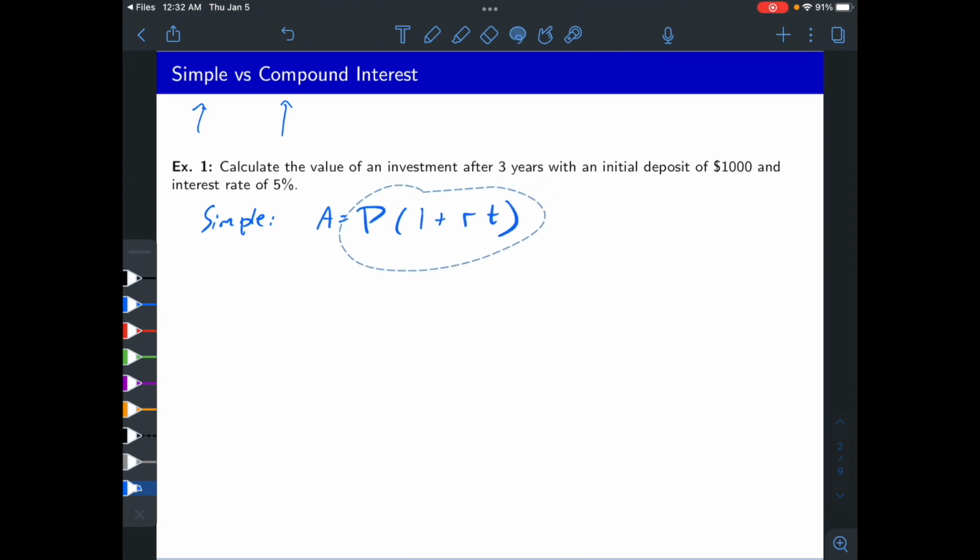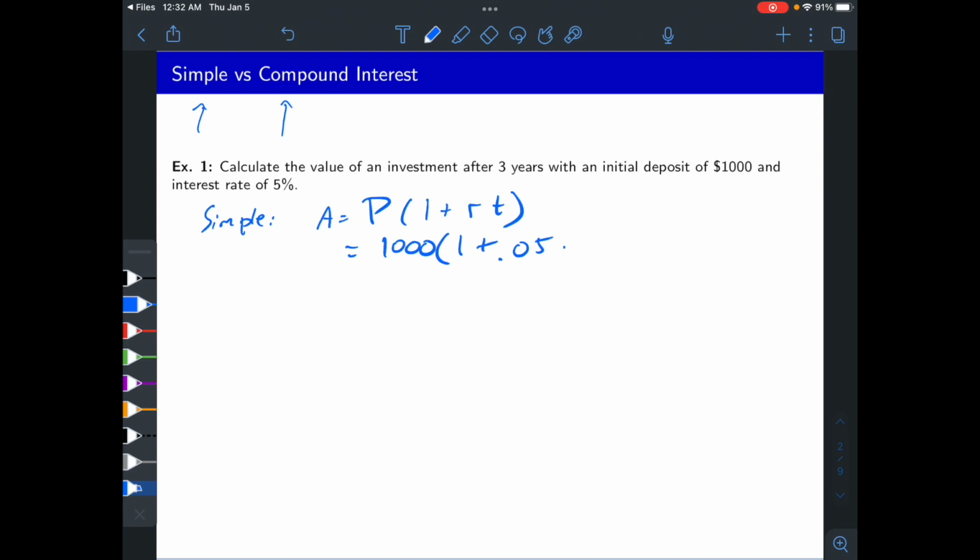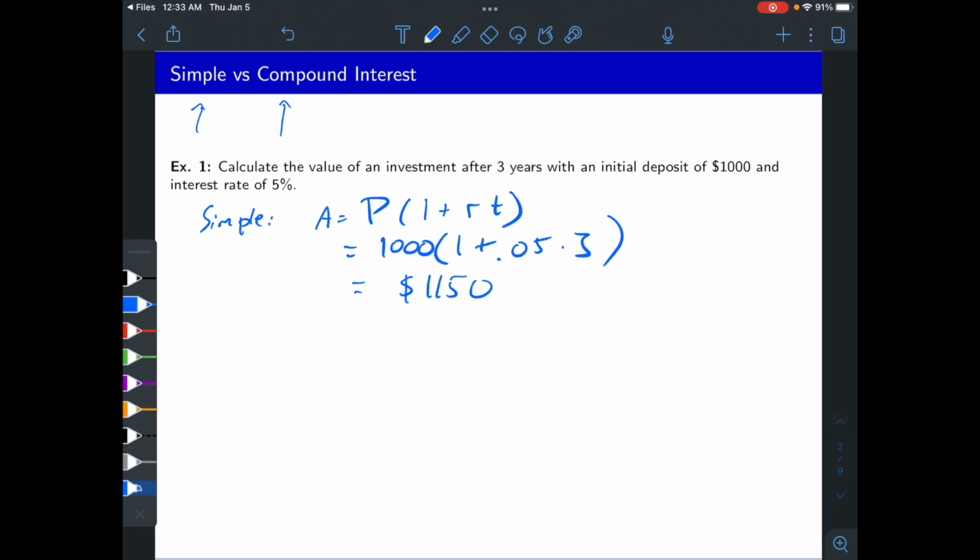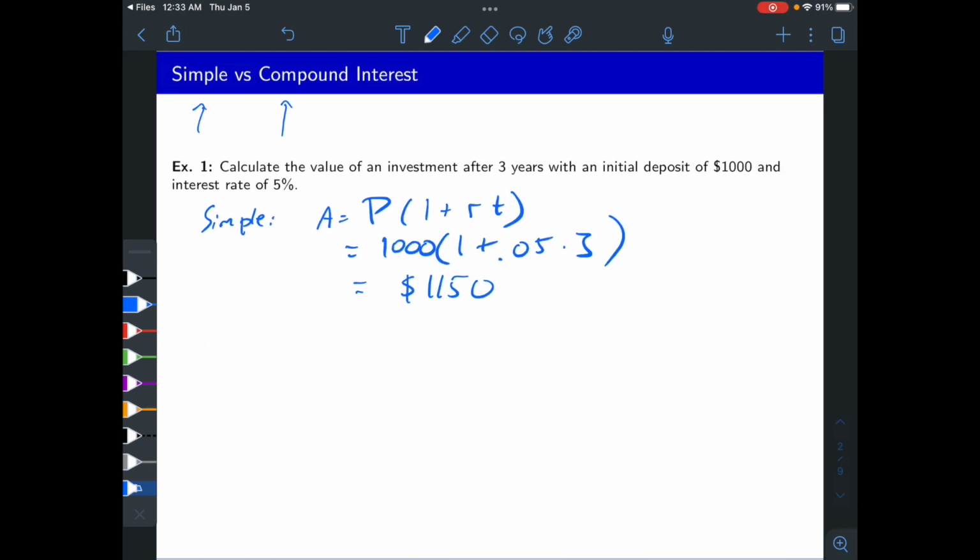So P is the principal, which is $1,000, and R is the interest rate, which is 0.05, and then T is the time period, which is 3 years. So this is $1,000 times 1 plus 0.15, so 1.15, which is equal to $1,150. Okay, cool. So that's simple interest.